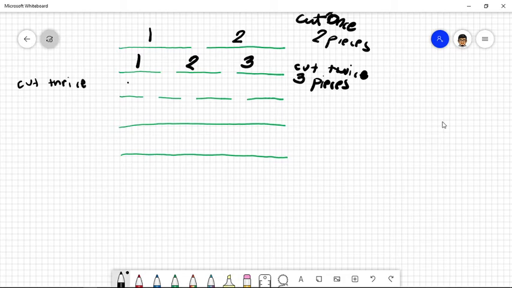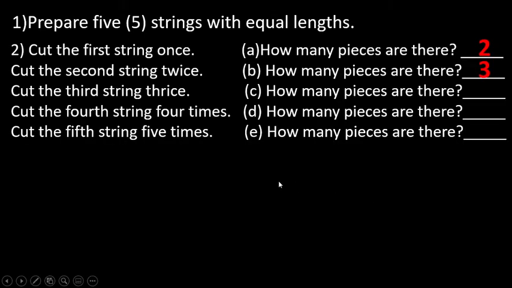Ilan na yung pieces niya? 1, 2, 3, 4. After cutting thrice, naging 4 pieces na siya. Let's see kung tama tayo. Okay, correct. So, after cutting the third string thrice, the number of pieces are 4.